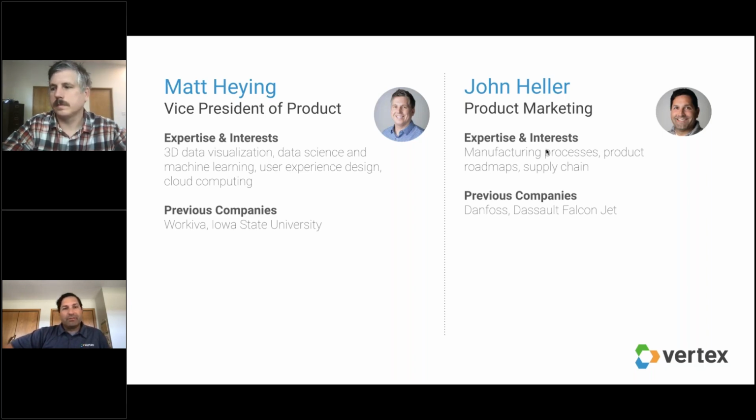And through those two companies, I held various roles in product development, supply chain, as well as improving the manufacturing processes out on the shop floor. So back to you, Matt.